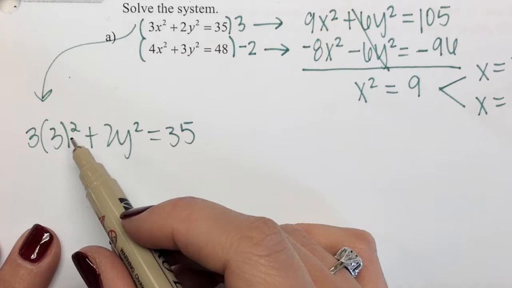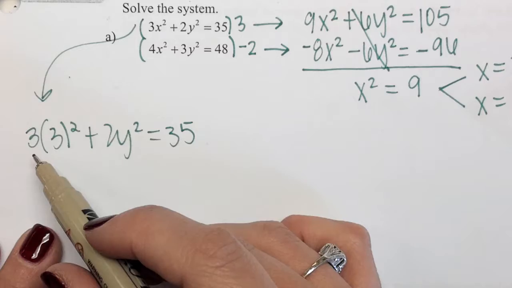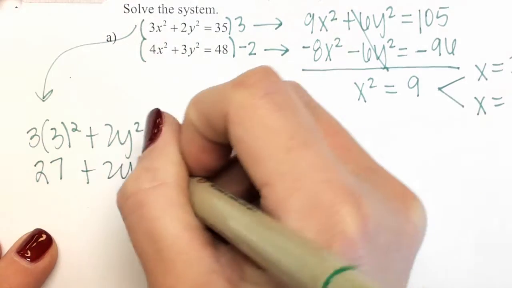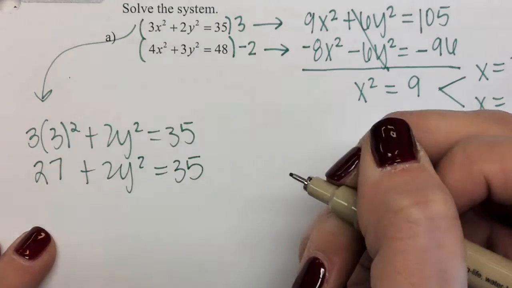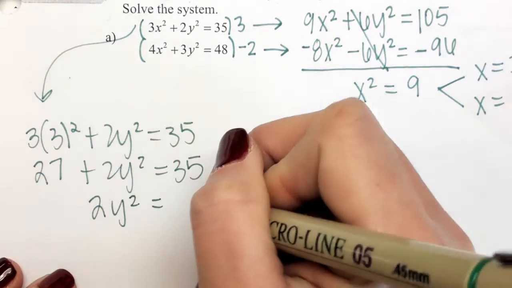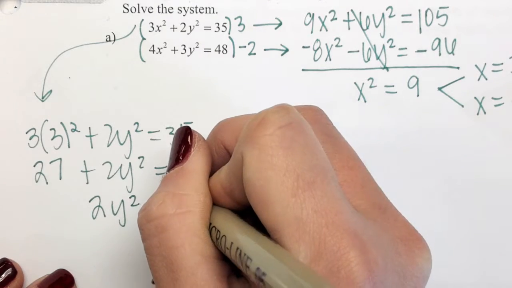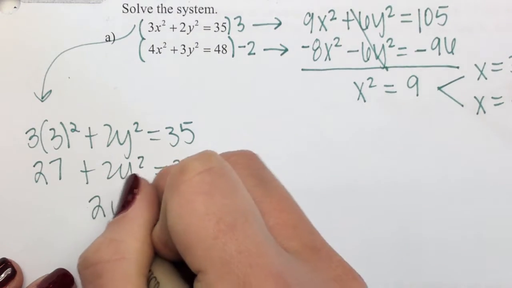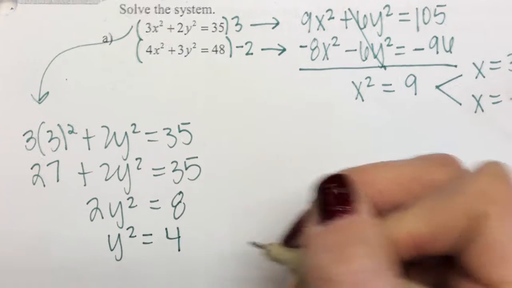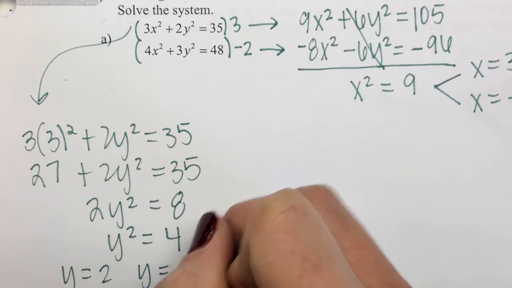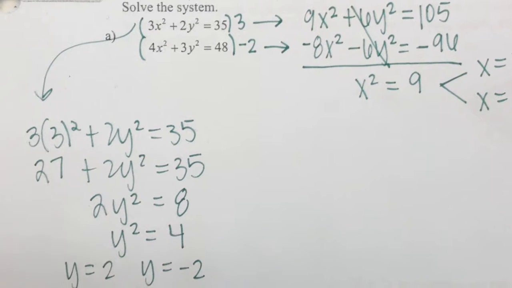So 3 squared, 9 times 3, good, plus 2y squared equals 35. How do I solve for y? Good, so 2y squared equals 8. Then I divide by 2 and get 4, so y equals 2 or -2.